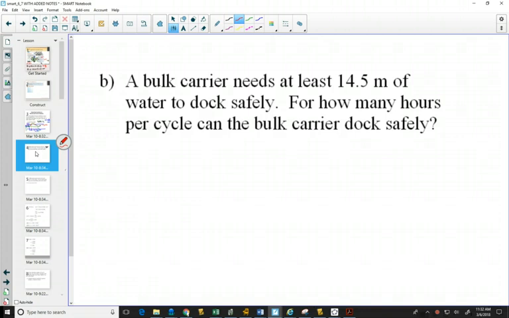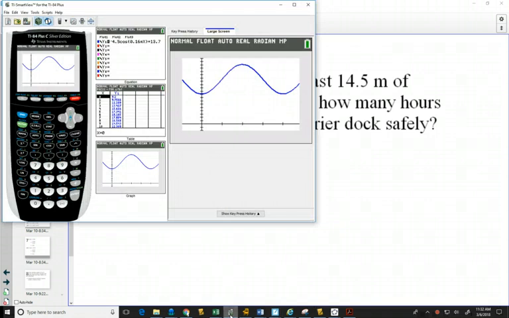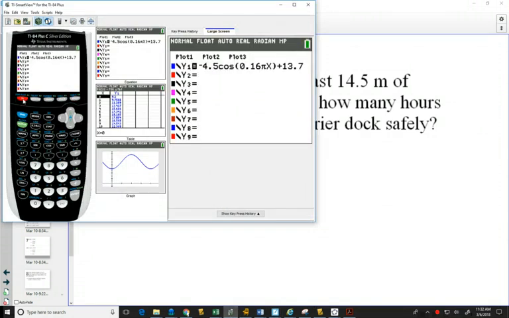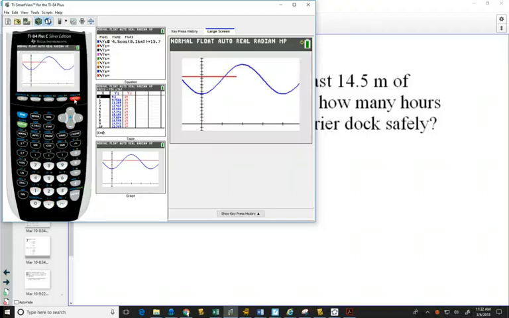The water would be deep enough during those times. On your graphing calculator, you have the ability to graph more than one thing. If I want to draw a horizontal line, horizontal lines are always y equals, I can type in 14.5 into y2, and that will draw a horizontal line at a depth of 14.5.